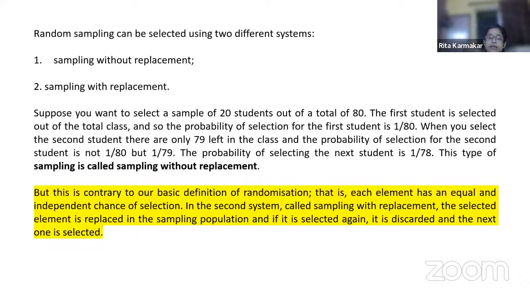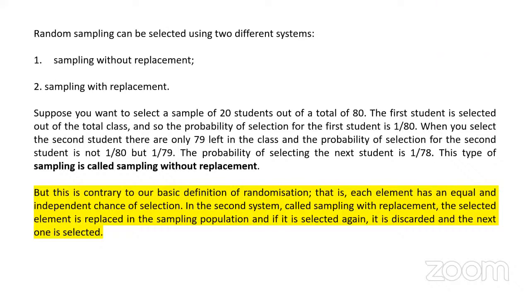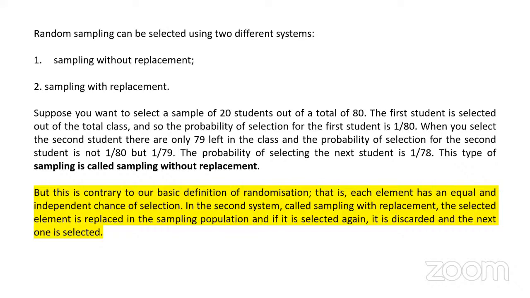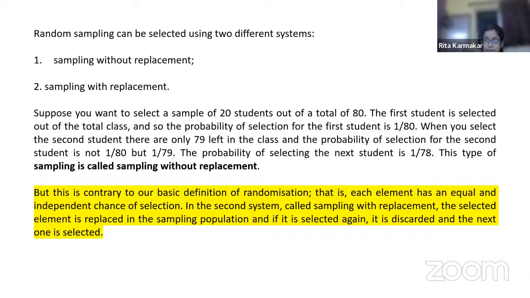So when it is without replacement, what is the thing? Suppose we have 5 chocolates. No, first, just 1 minute. First give the example that is here only. Try to explain it with this example so that everybody can follow what is written and what is told. Am I clear? Yes, ma'am. Do this, and if you have some other example in mind, you can tell me later, so that first everybody can see and hear the same thing.